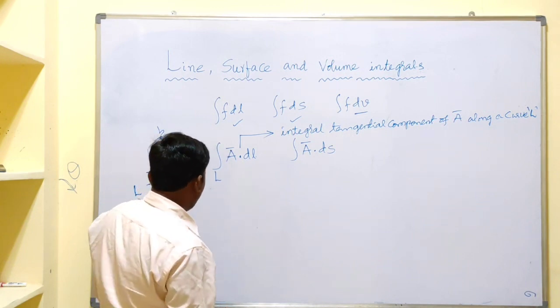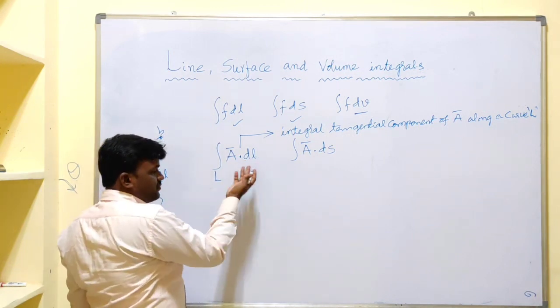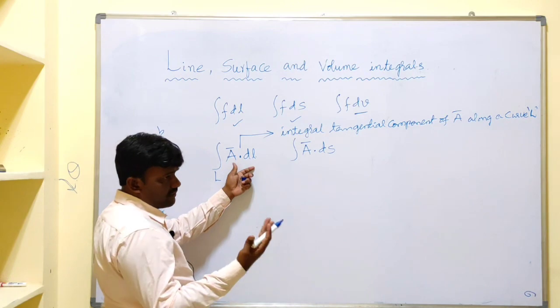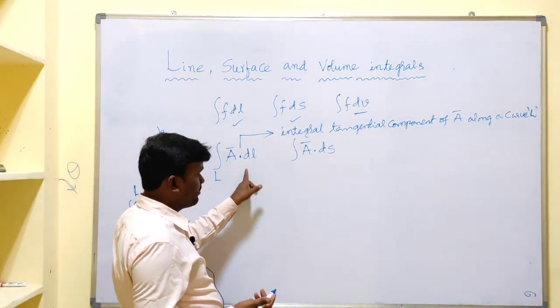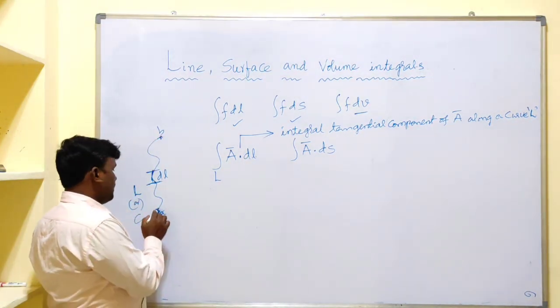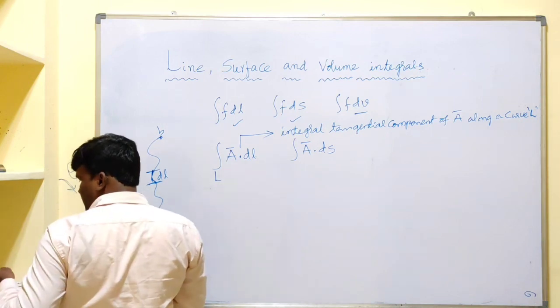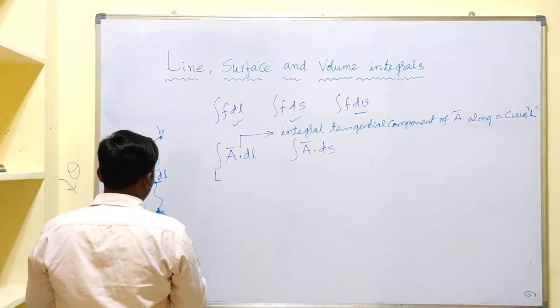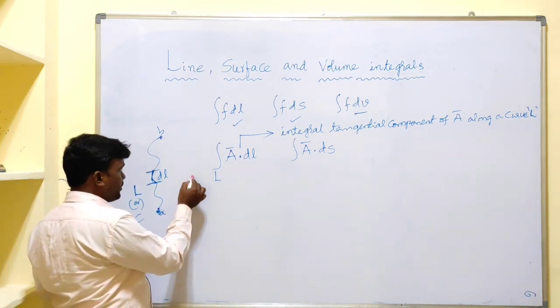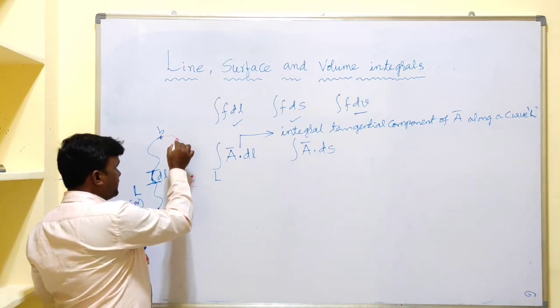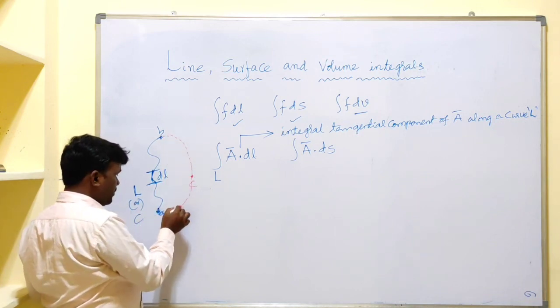Now, the line may be open, like this, or else it may be closed. Let us take one point here, C. Then in this case you have a closed curve.